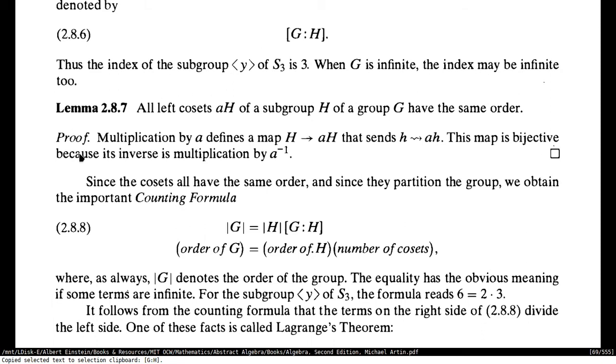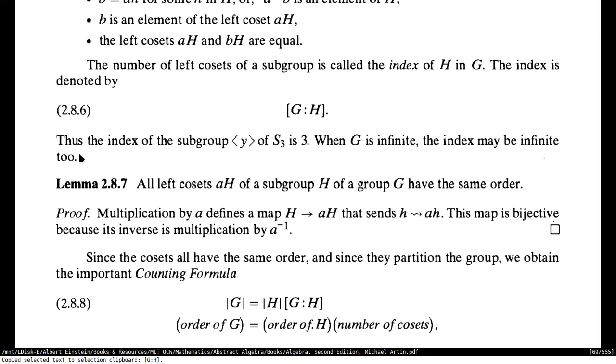really to prove, because what you do is you multiply A with the subgroup H, right? And you define a map which takes you from H to the left coset, right? So what it does, it takes an element from the subgroup and it gives you AH. And this map is bijective.